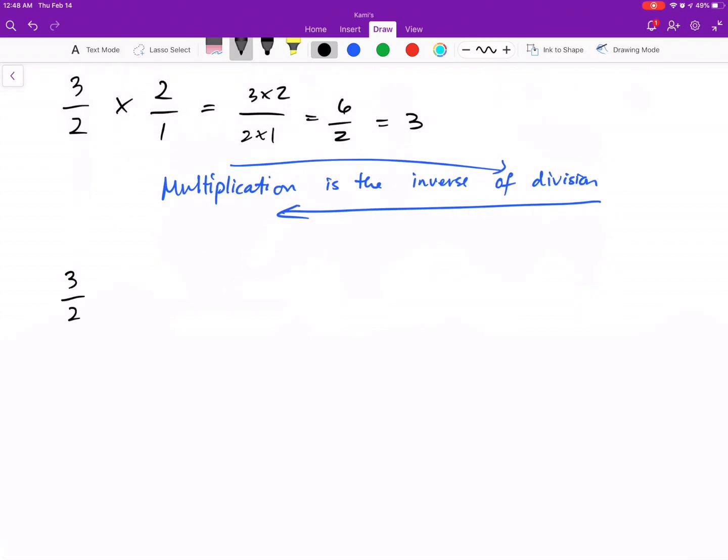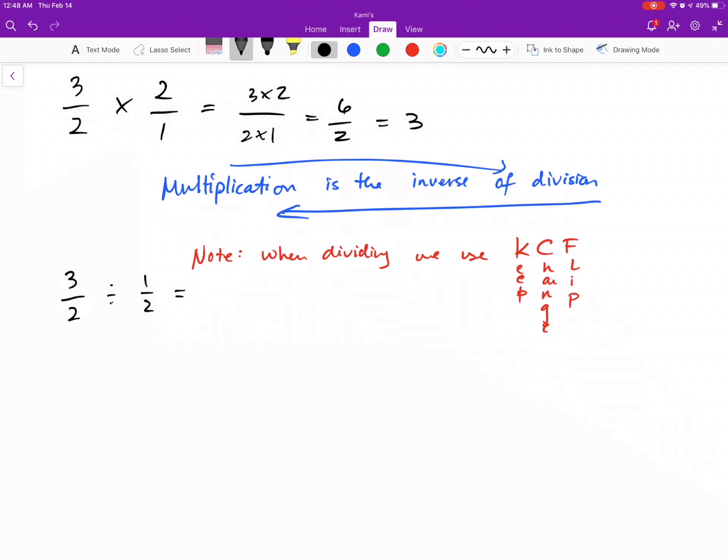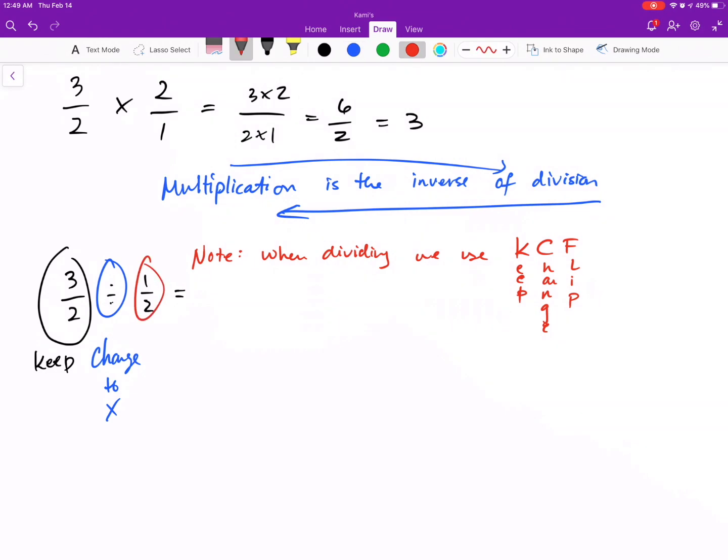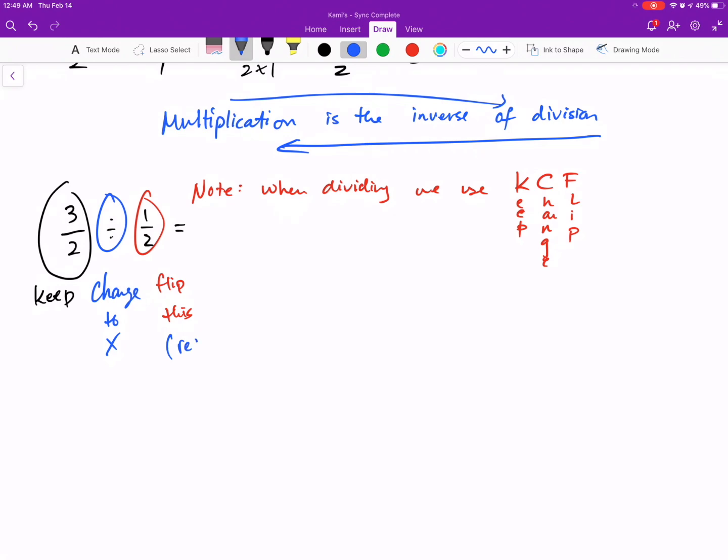So I'm going to do the same problem, just a little bit different. 3 over 2 divided by 1/2. Note, when dividing, we use keep, change, flip. What does that mean? You're going to keep this, change to multiplication, and flip this, or in fancy terms, reciprocate.